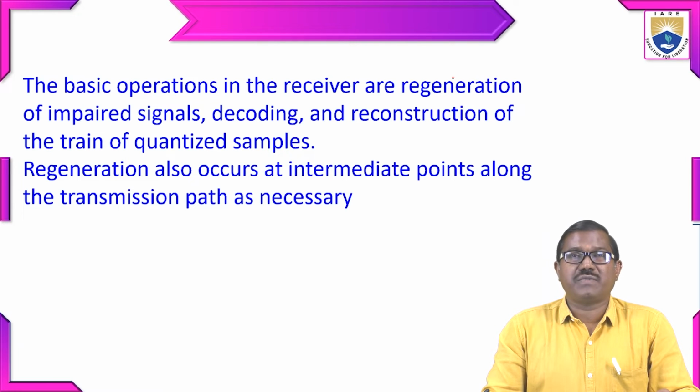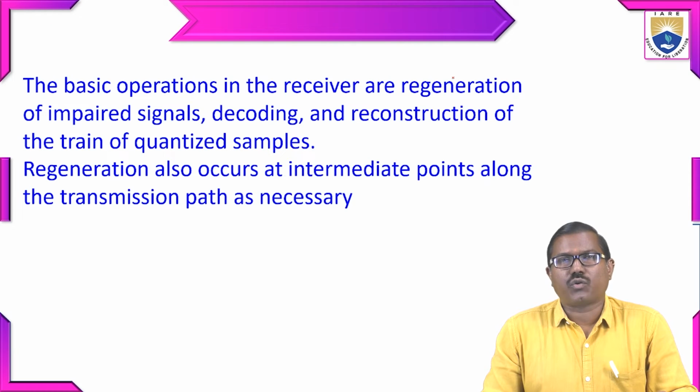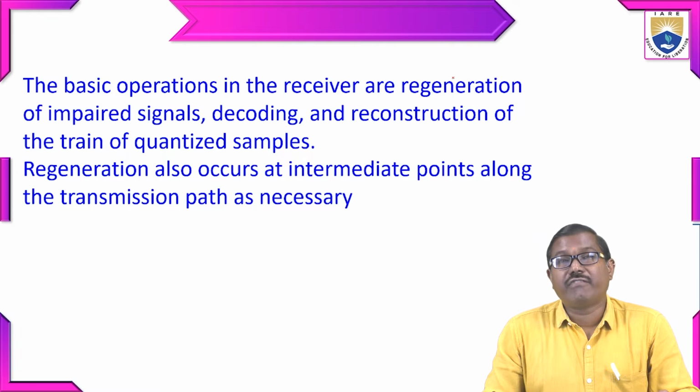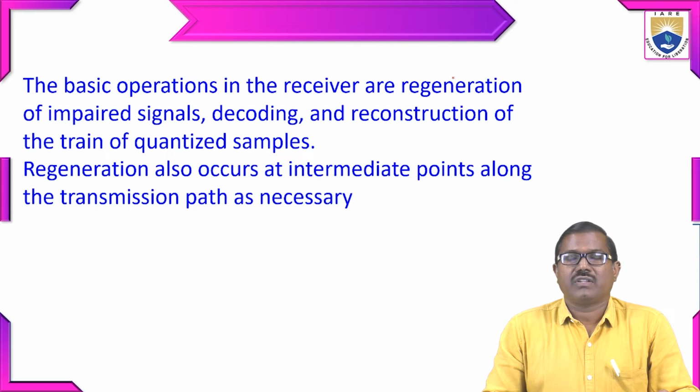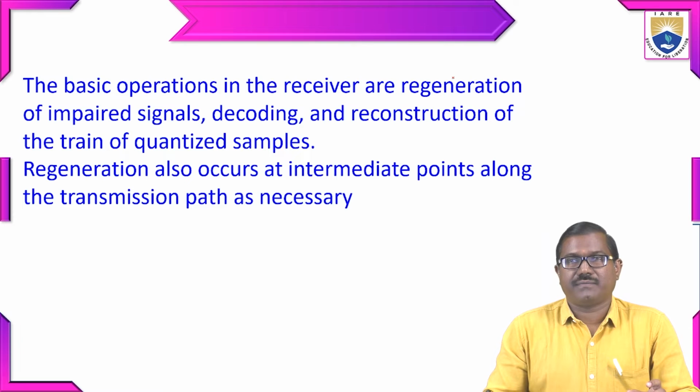Along the transmission path, that means in the channel, we place these regenerative repeaters every 50 kilometers. That's why the signal is distorted very little compared with other digital systems.